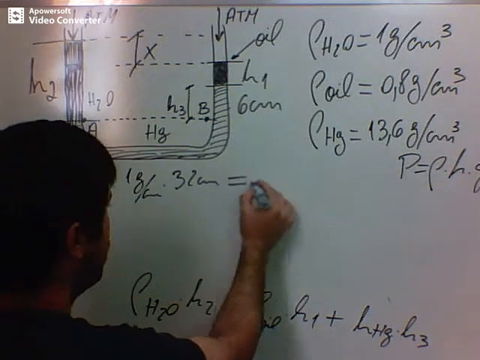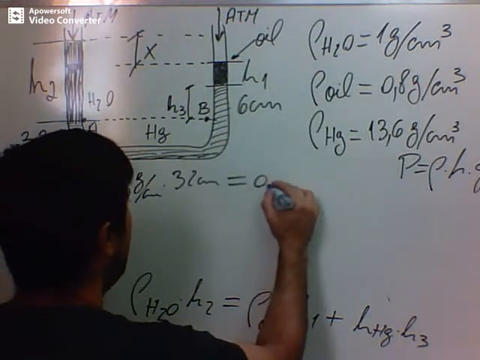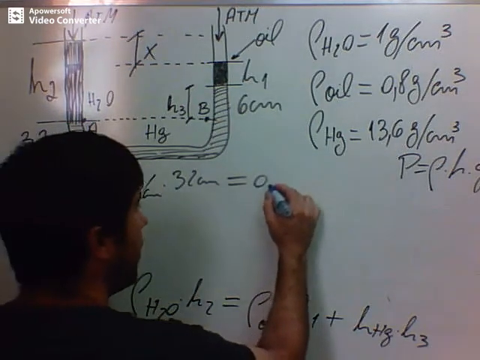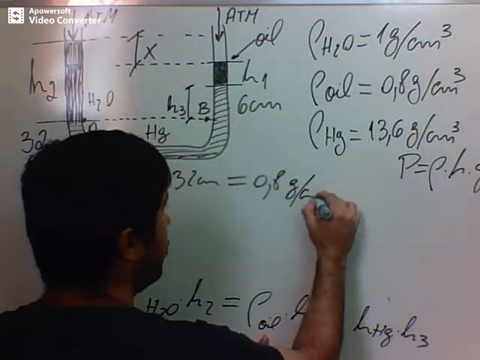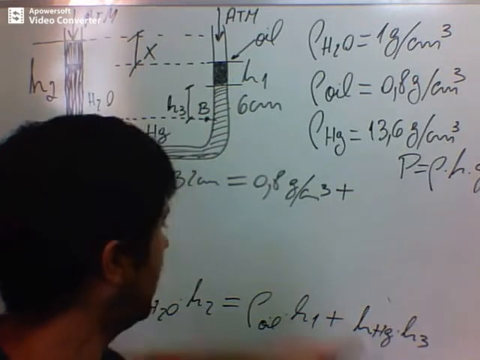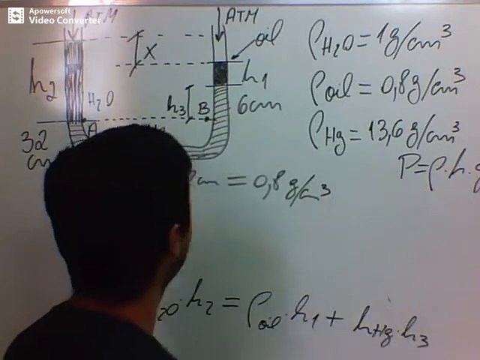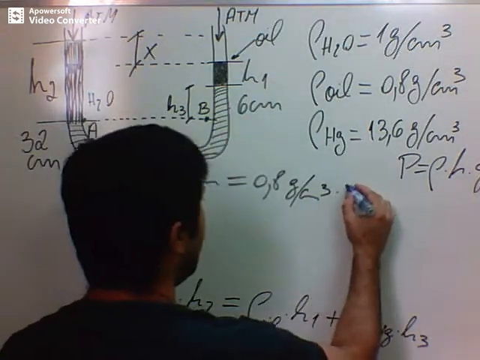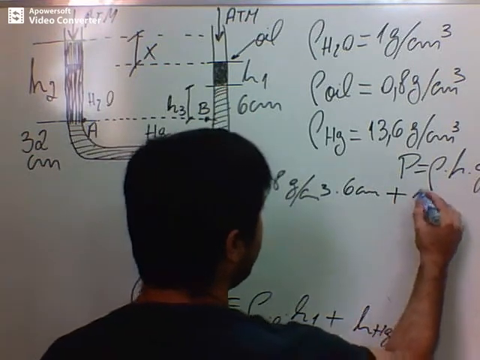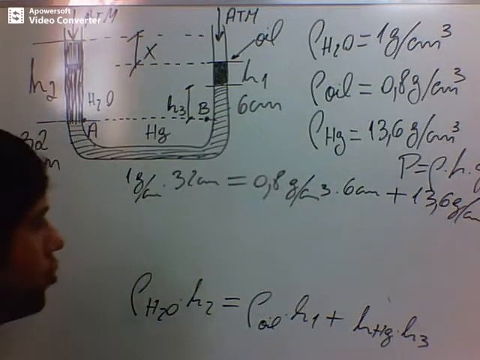It's going to be equal to the density of oil, 0.8 grams per cubic centimeter (I'm using the comma, but you can use a point there), times the height H1, which was given and is 6 centimeters, plus 13.6 grams per cubic centimeter. Okay, very good.